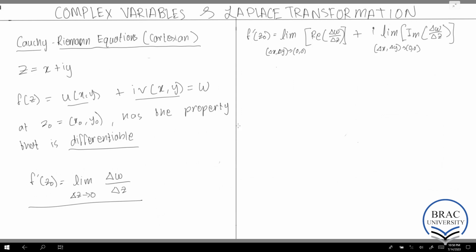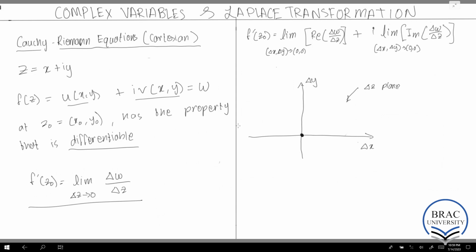Now I'll explain this by using a diagram. Here we have the delta z plane, and there exists a point 0 here, where the horizontal part is the delta x-axis and the vertical part is the delta y-axis.